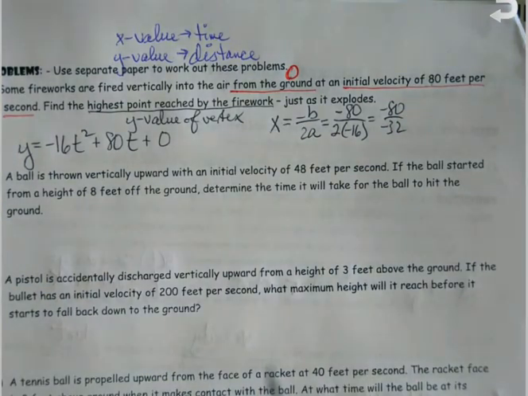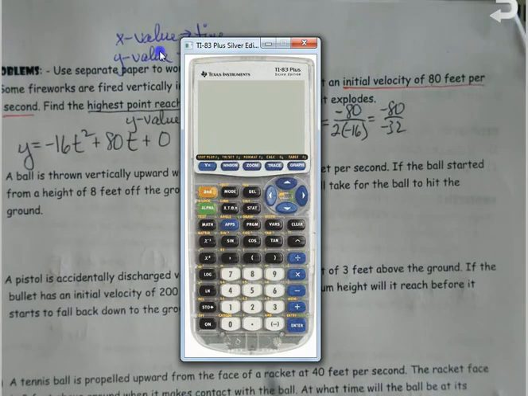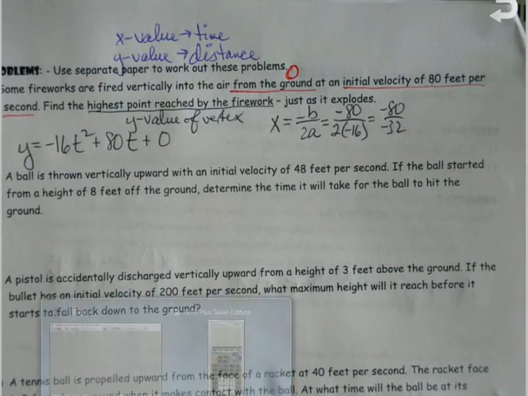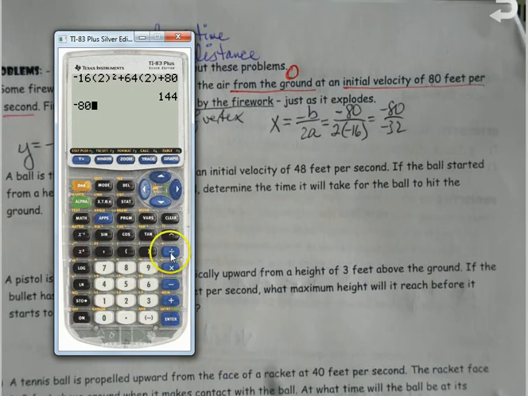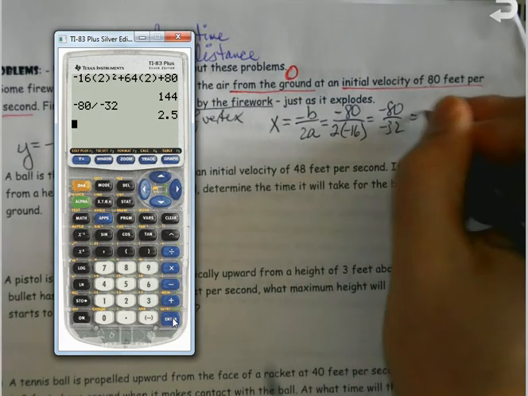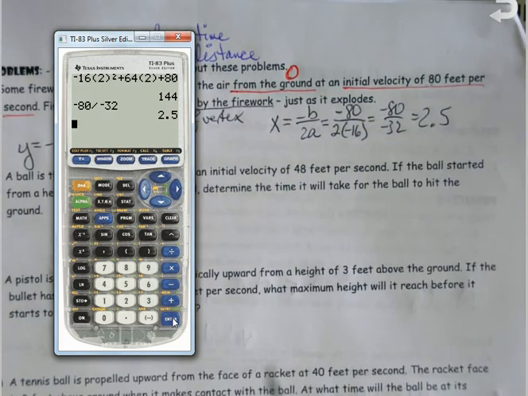So I start playing on the calculator with this. I don't know what 80 divided by 32 is off the top of my head. Well, guess what? I'm the teacher and I don't know either. So negative 80 divided by negative 32. Ooh. It's not a whole number. Now, all is not lost.